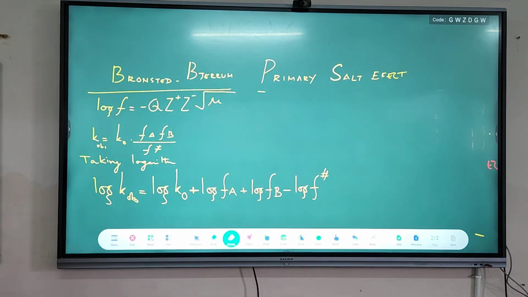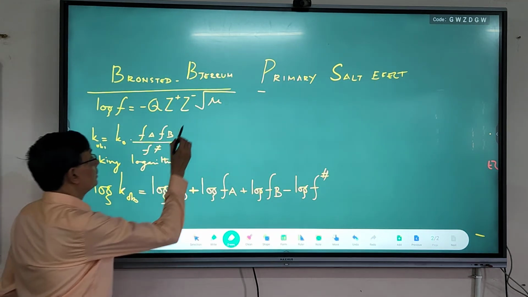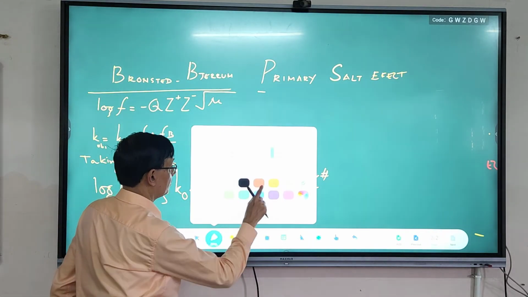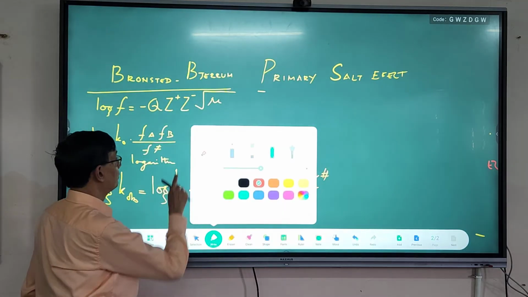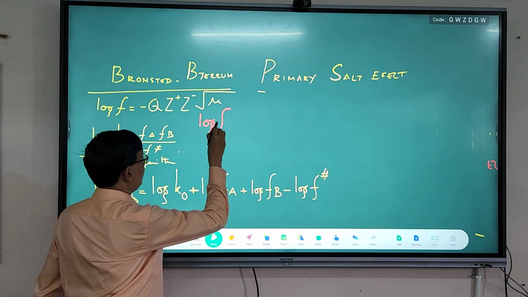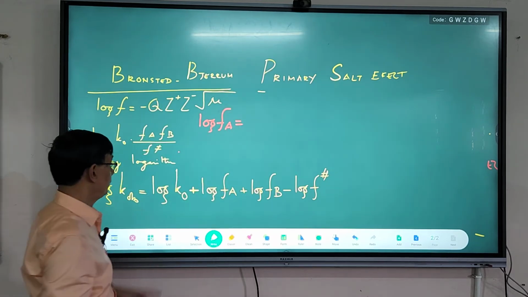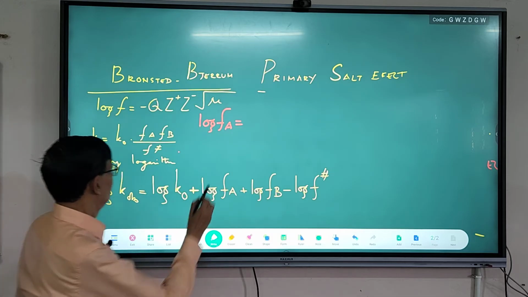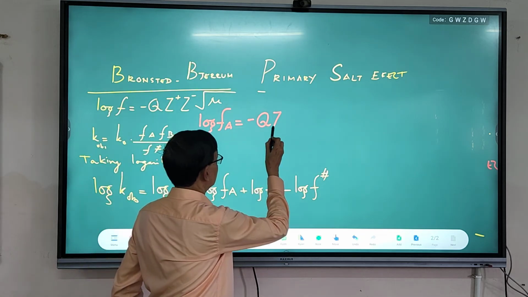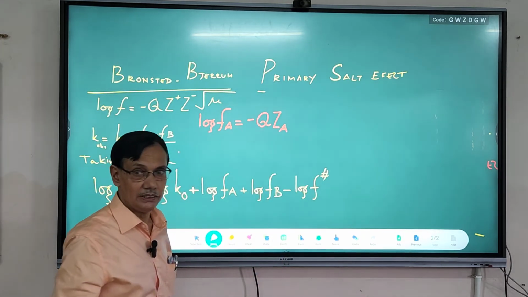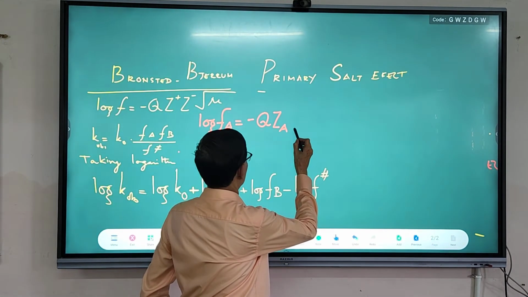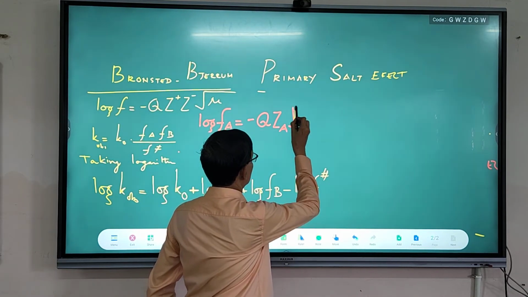So first, I will write log of FA is minus Q ZA squared, the valency of that particular ion, suppose potassium ion, under root of mu.